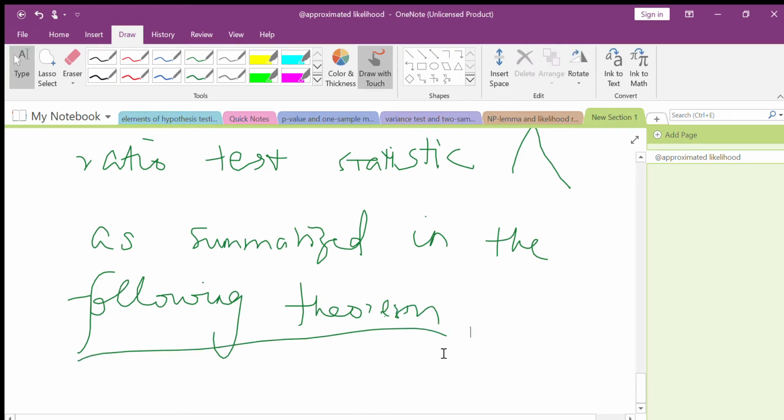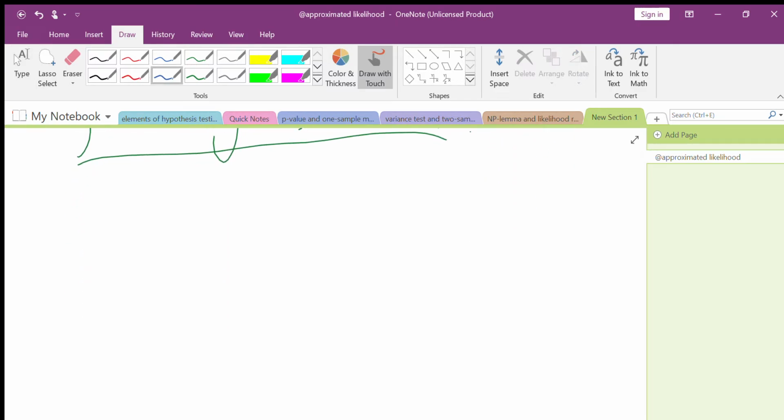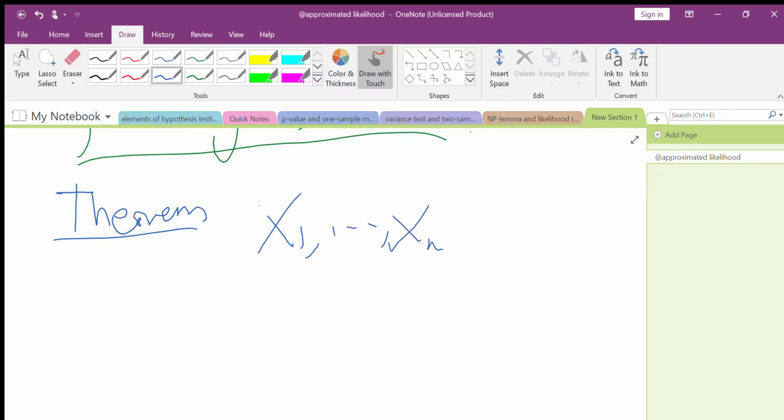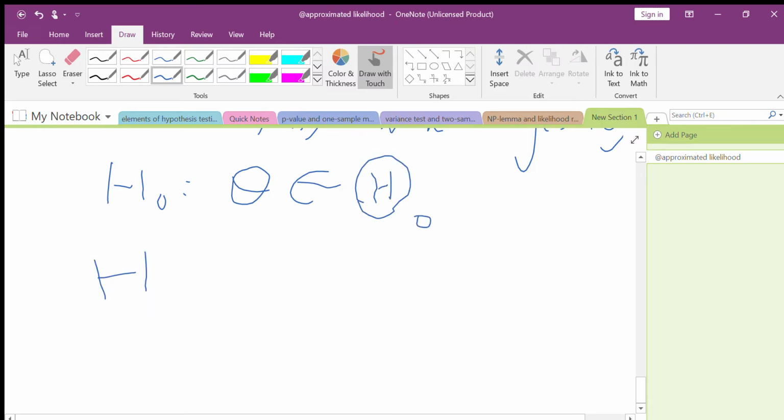So let's see what theorem it is. The theorem is: consider random sample capital X1 to capital Xn, IID, some distribution small f of small x given theta, and we write the original hypothesis in the perspective of parameter space, which is as follows: theta from the null hypothesis parameter space, and the alternative, H1, is theta from the alternative parameter space.